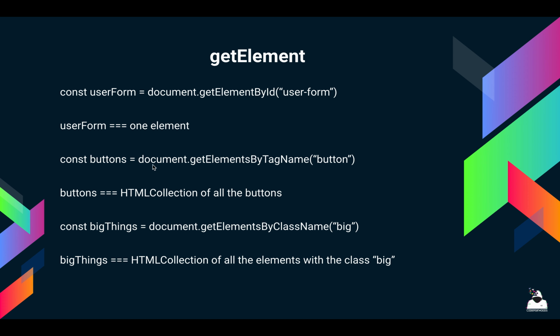For all the buttons in the page we call document.getElementsByTagName, and we pass it the string button. That is referring to the tag name. And here we see actually it's an HTMLCollection of all the buttons. So I've just said it was an array or something like an array. Here it's a bit weird.